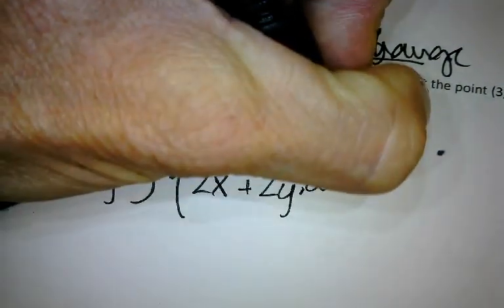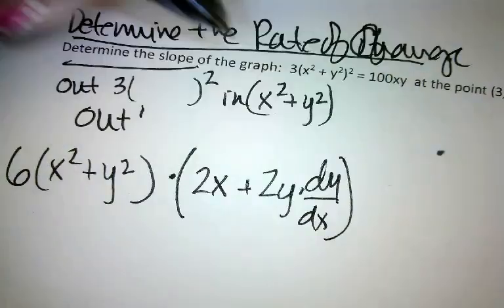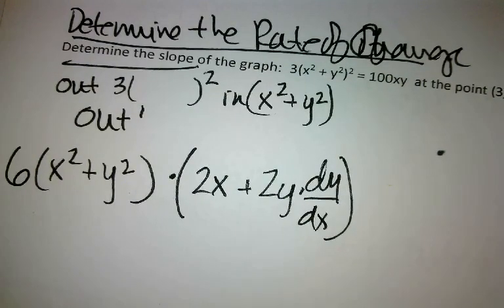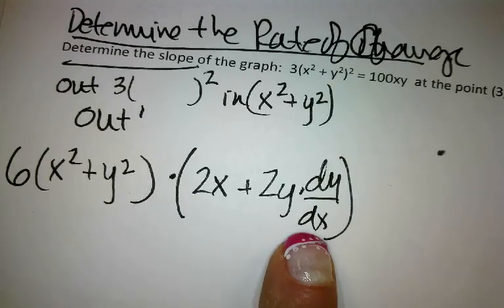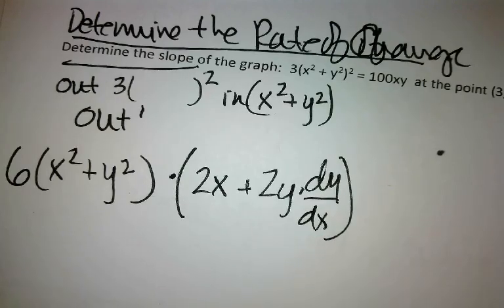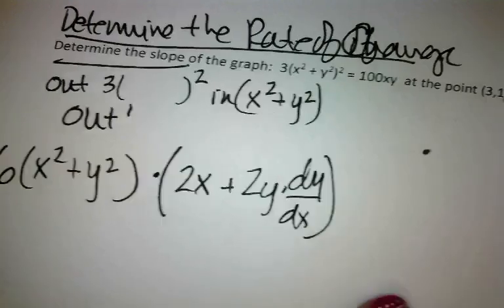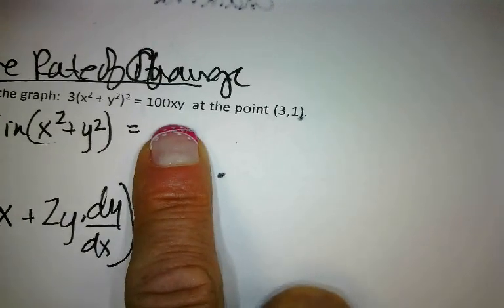Now please don't try to FOIL. Don't try to multiply all this out. It's not going to be worth it. I mean we might have to, but I might also not have to. Now on the other side I'm going to take the derivative, and this is an example of ignoring the 100. So when I take this derivative, I'm going to ignore the 100, and on the x times y, I'm going to use the product rule.